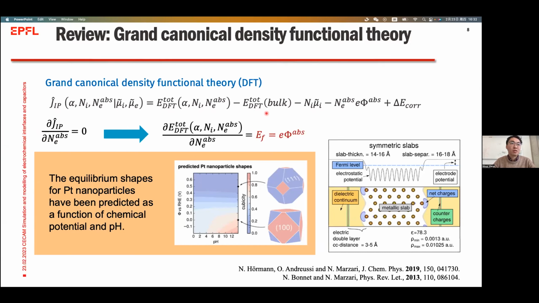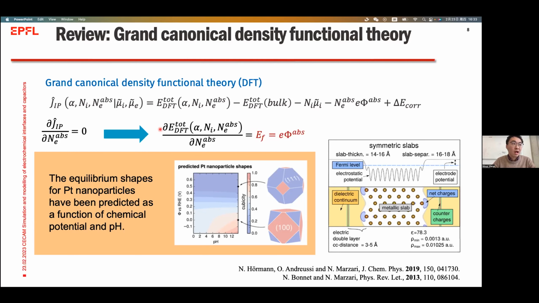By doing this, we get the result that the partial derivative of the DFT total energy with respect to the number of electrons should be equal to the absolute potential, which can be set by users as an input.